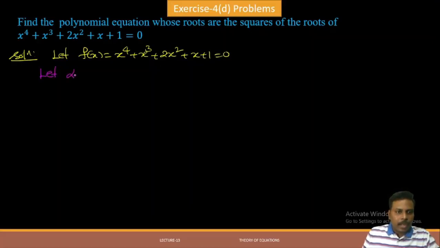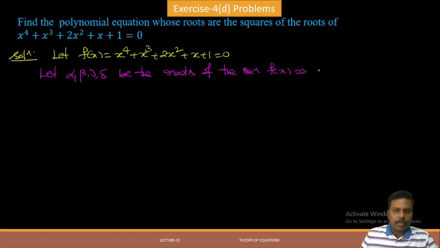Let alpha, beta, gamma, delta be the roots of the equation f of x is equal to 0.